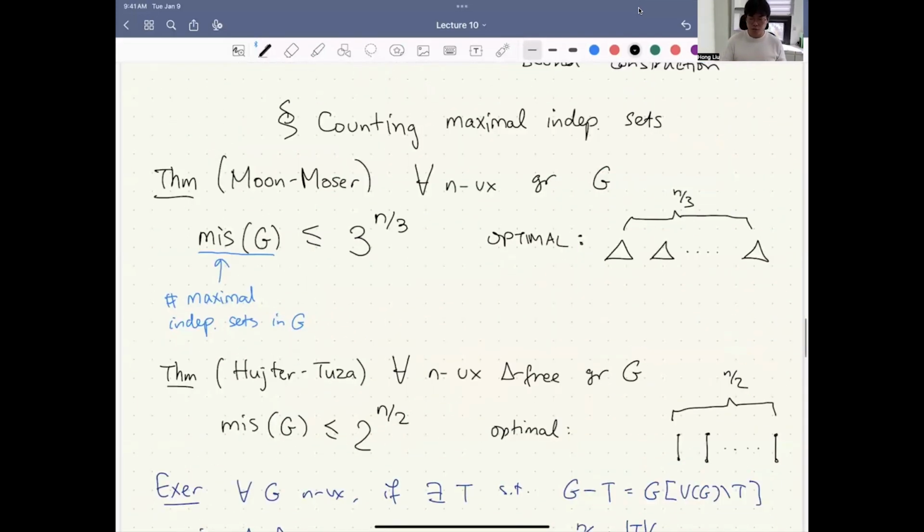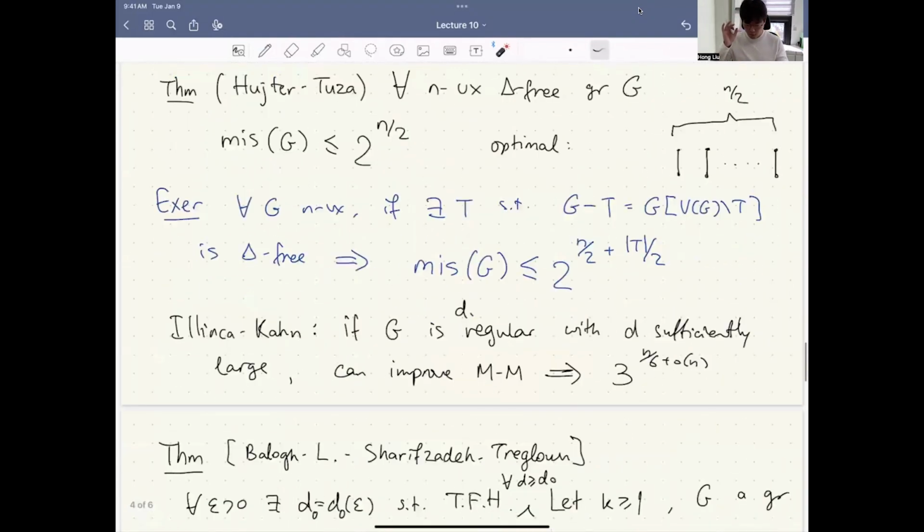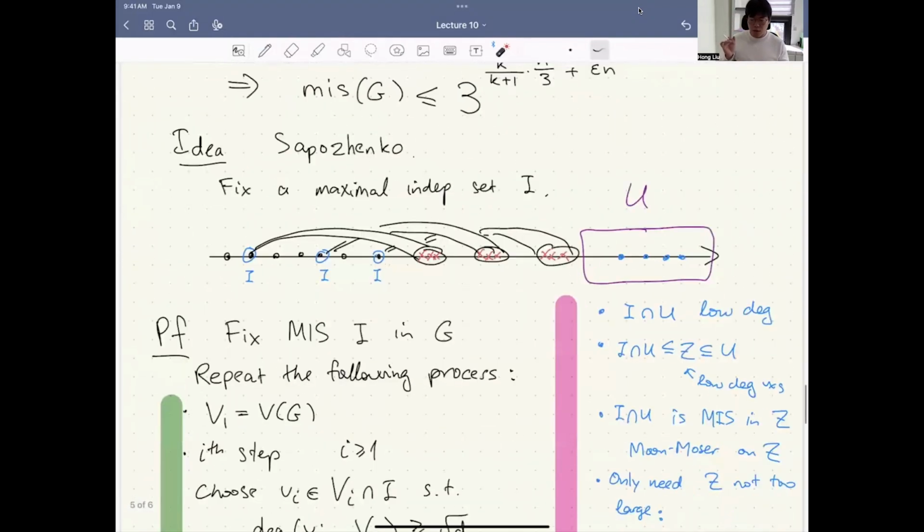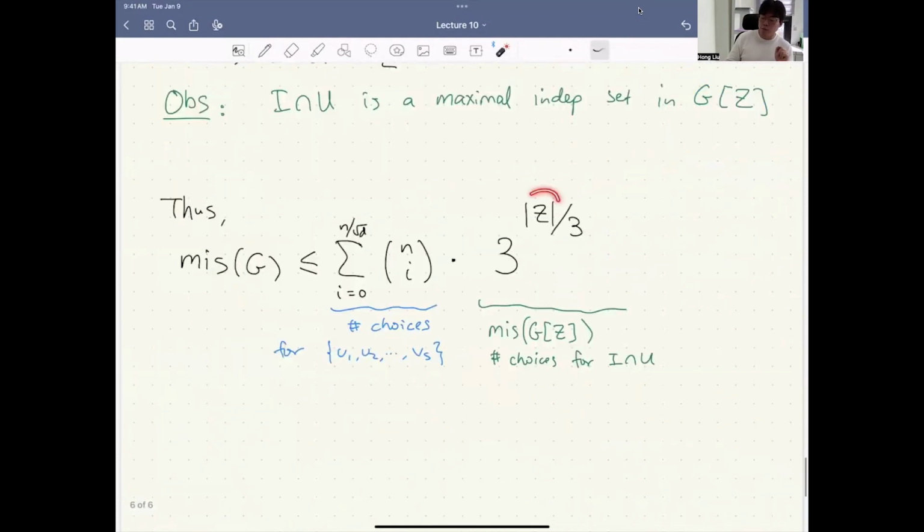Remember Moon and Moser here. Now, all we need to do is to get the upper bound on Z. Z cannot be too large, and we are done.